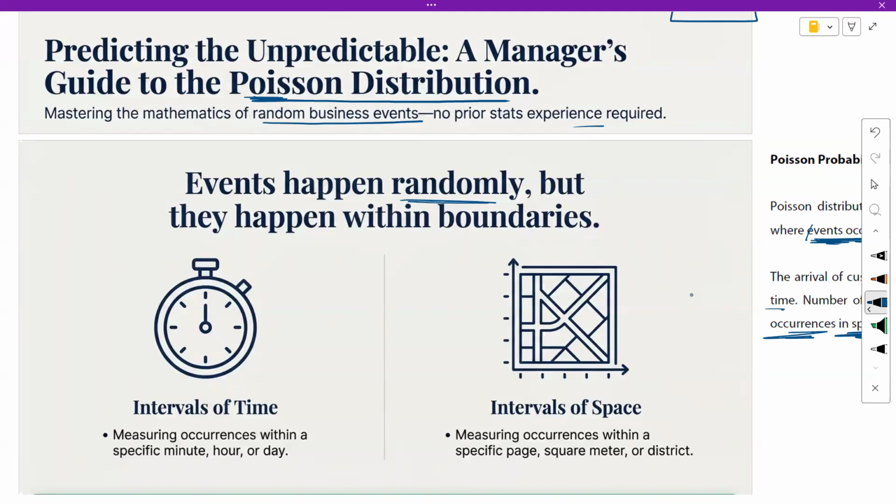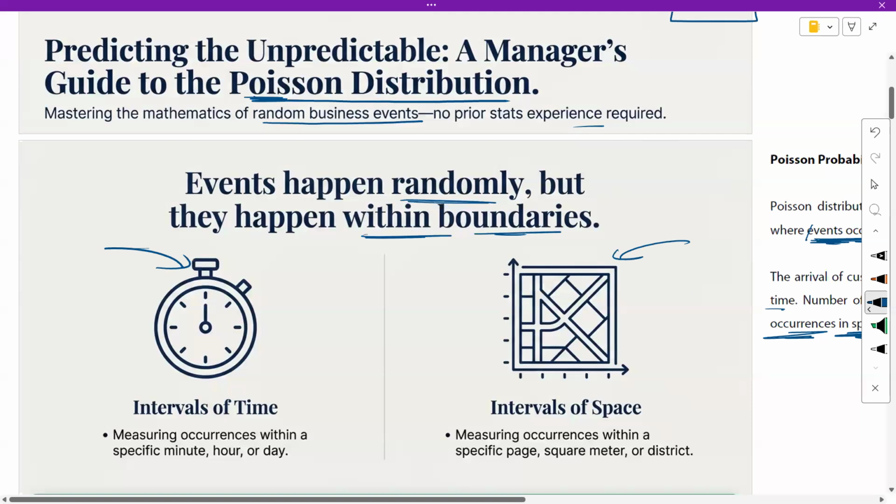It happens randomly. You don't know who is going to message you, but on average you get some amount of messages in your WhatsApp. Those events are random, but they happen within boundaries. The boundary may be an interval of time.